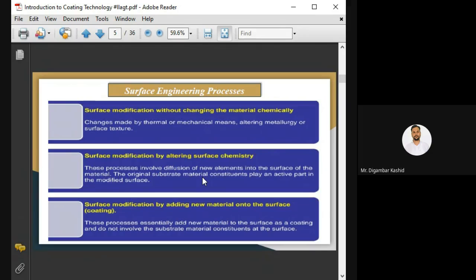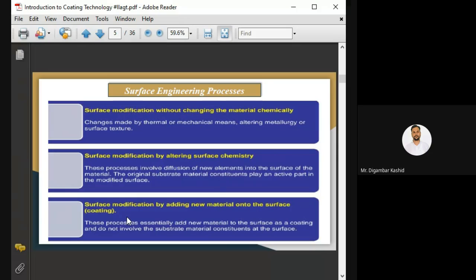So that original substrate material plays an active part in the modified surface. This is the second group, and the third group of the surface engineering processes is the surface modification by adding new material onto the surface. Onto the surface, it is called the coating.